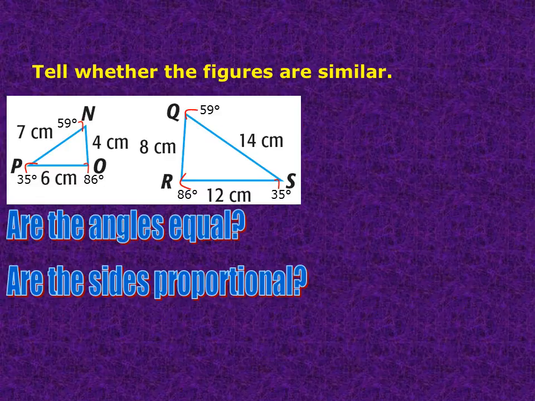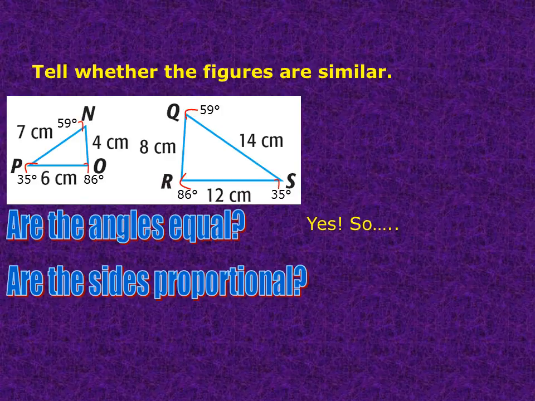Okay, so let's look here. We have two triangles that are back to back, so it looks like it's been flipped or reflected. So we're going to look, are the angles equal? Well, let's see. NOP, QRS. So N and Q, yes. O and R, yes. P and S, yes.